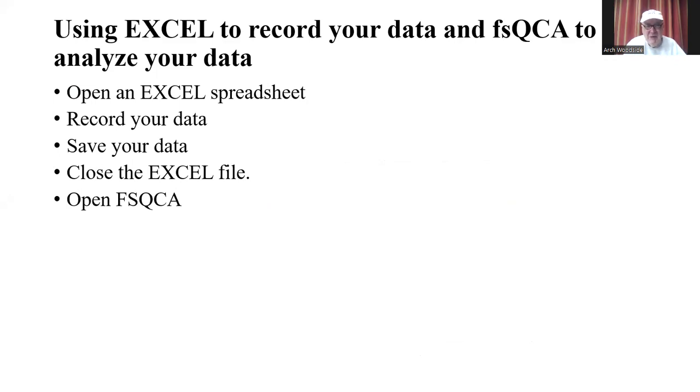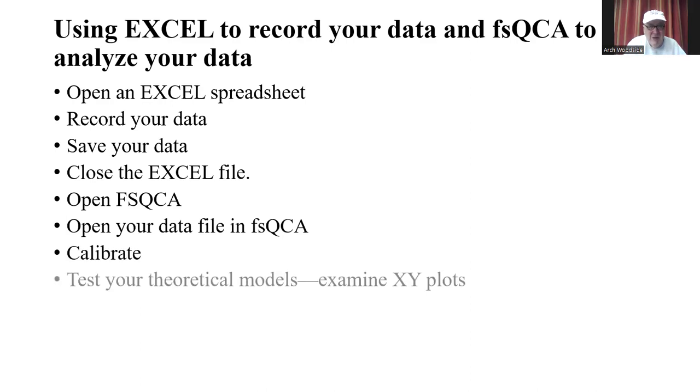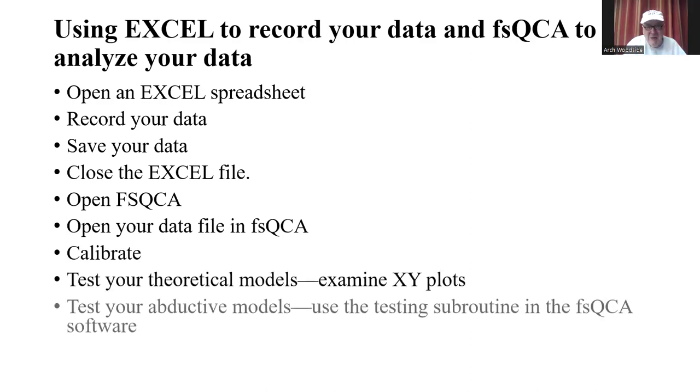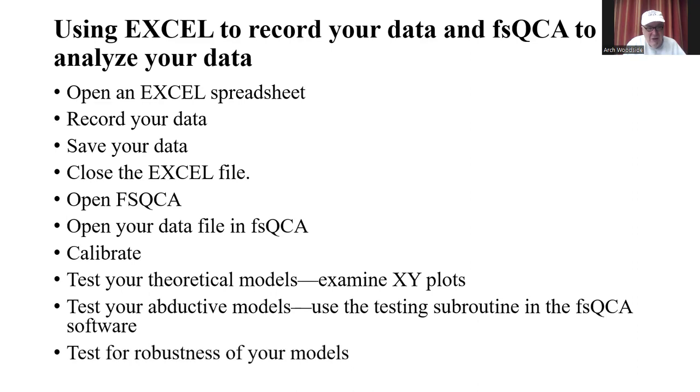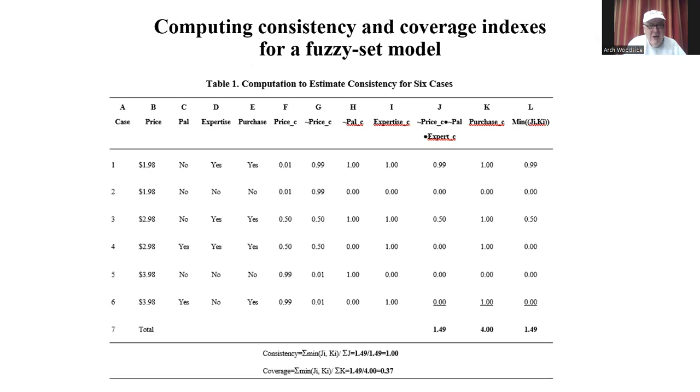So close your Excel file, open fsQCA, open your data file, calibrate, test your theoretical models, test your abductive models, as I call them. We're going to do that today, and then test for robustness of your models, which we can talk about today as well.